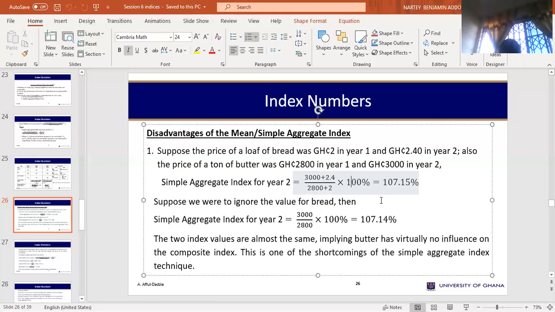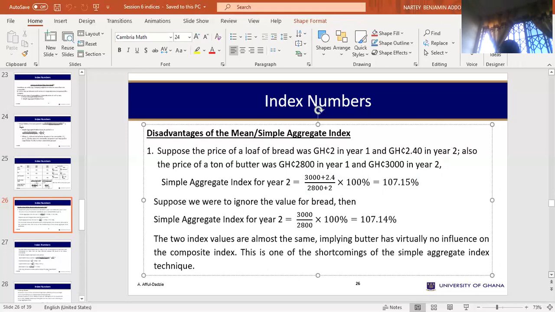Then in terms of price, we'll have 107.14. Now look at the difference. There is no significant change. So the two index values are almost the same, implying butter has virtually no influence on the composite index. This is one of the shortcomings of the simple aggregate index.